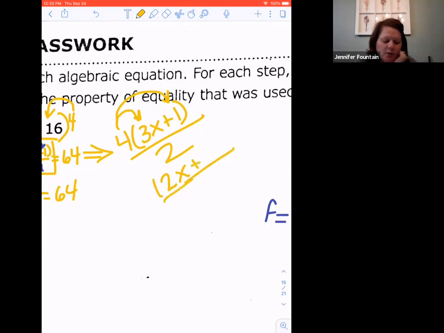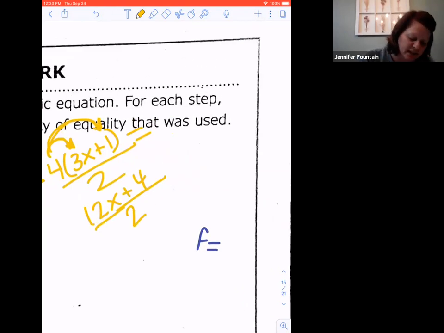plus, what's 4 times 1? 4. 4 over 2. Okay, so had we distributed first, I would end up with 12x plus 4 over 2. In this situation, this means I have 12x over 2 plus 4 over 2.